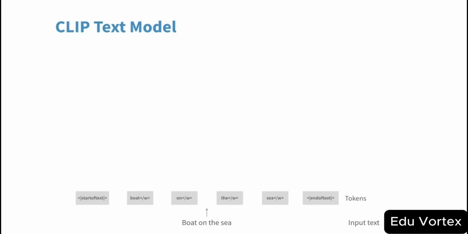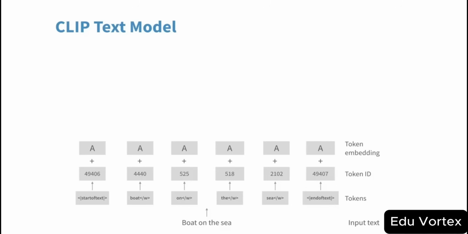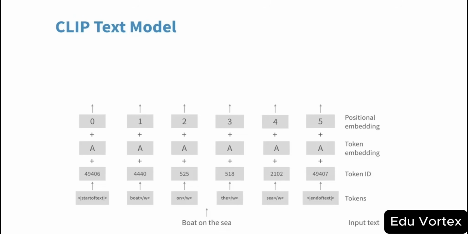We then have two new tokens, a token at the start of the text and a token at the end of the text. And these tokens have numbers that they are mapped to. Token embeddings capture the meaning of the words, and they capture the order or position of each token using positional embeddings. And this can then pass through the 12 layers of the CLIP encoder model.